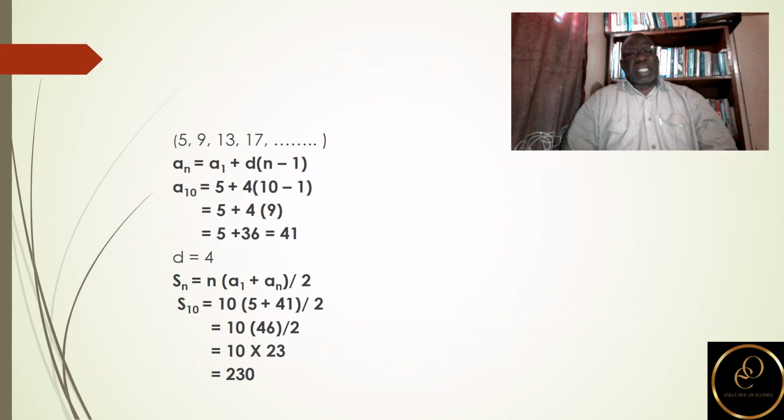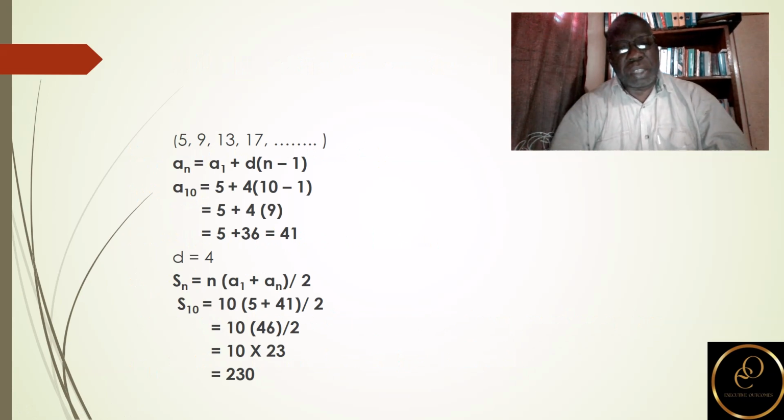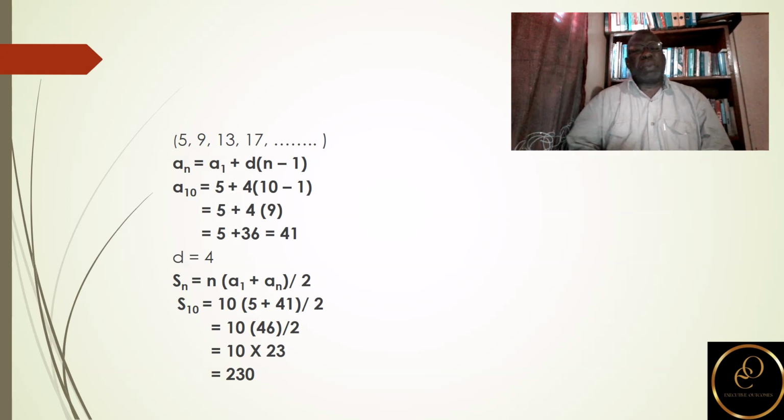So let's look at this progression. The arithmetic progression. How do you know that's an arithmetic progression? We can test it. So how do we do that? We look at the first two numbers in the series, 5 and 9. The number following 5 is 9, so 9 minus 5 gives us 4.